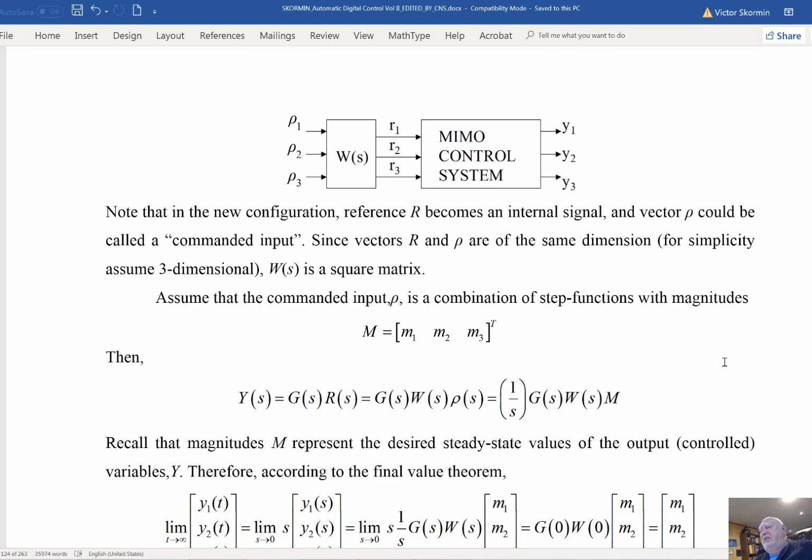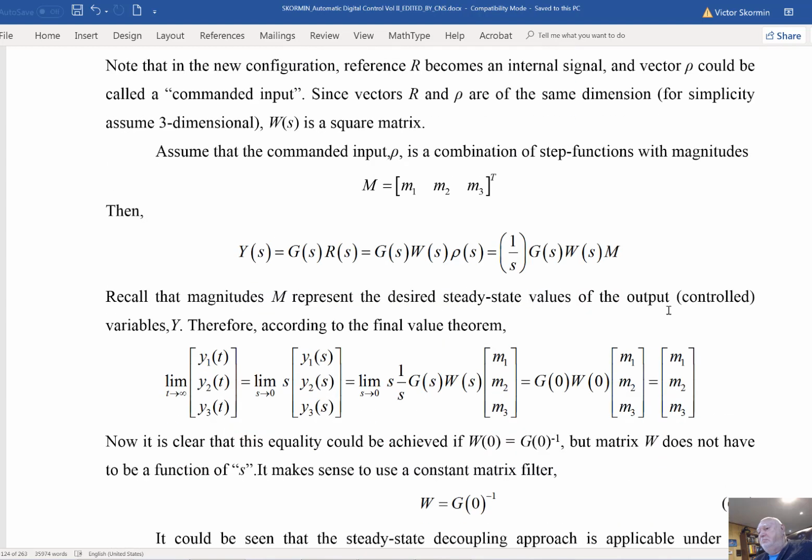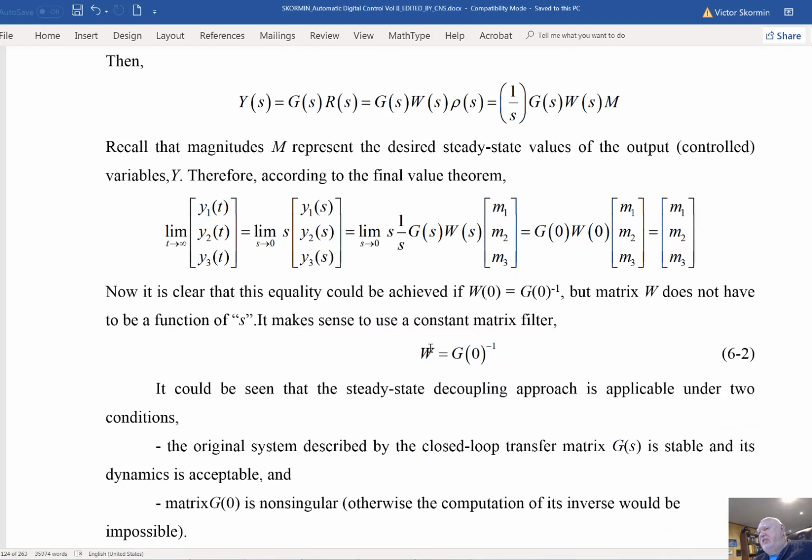What will happen in this situation is known as the steady state decoupling. Steady state decoupling requires you to build a static filter and apply reference signals through this static filter. And this is the definition of the static filter.